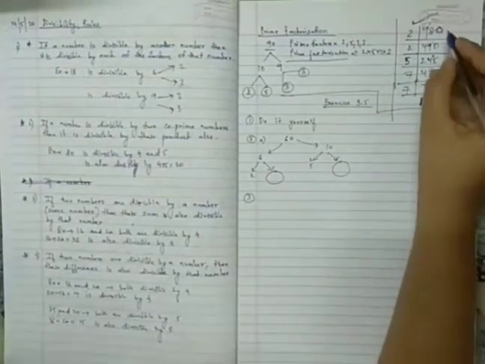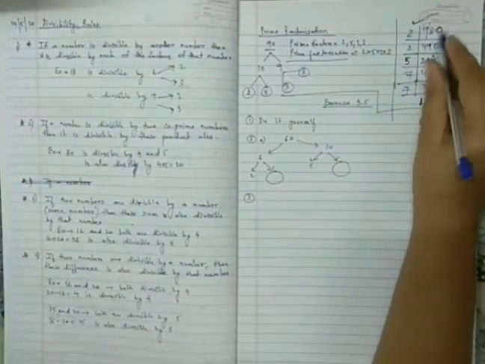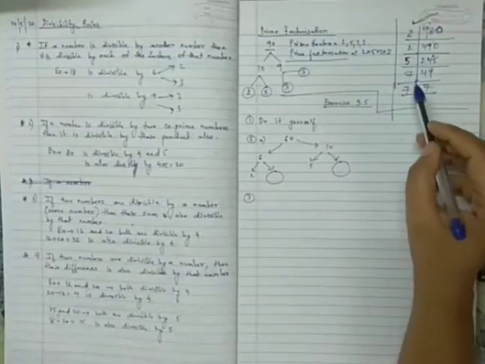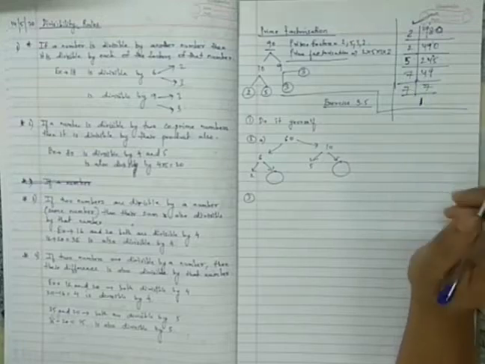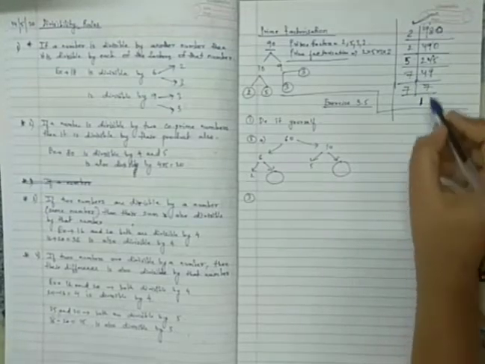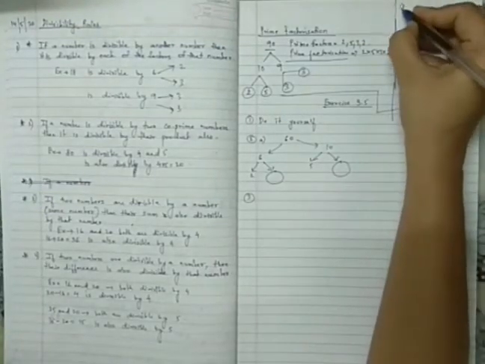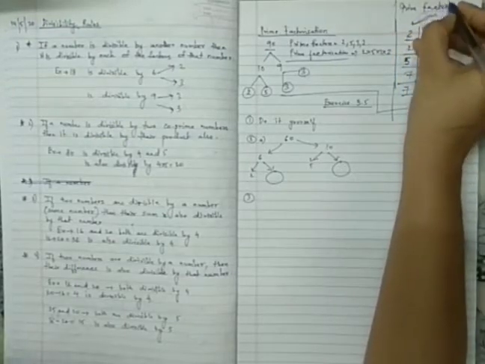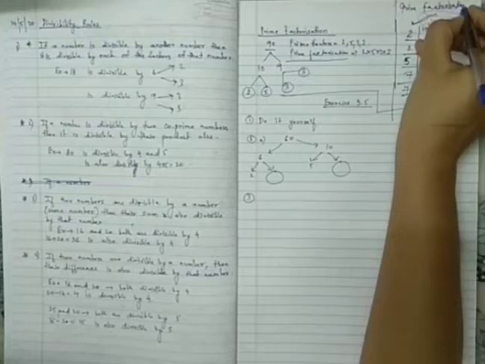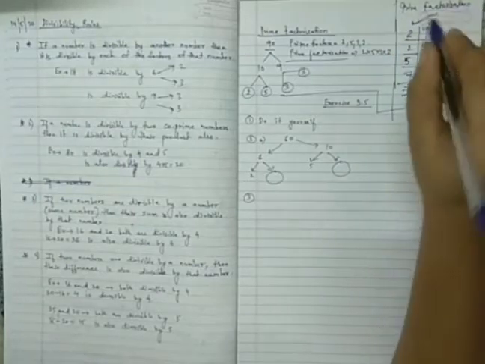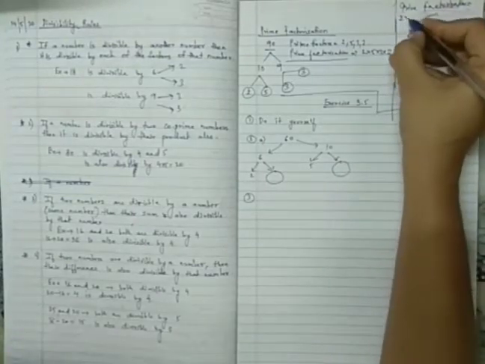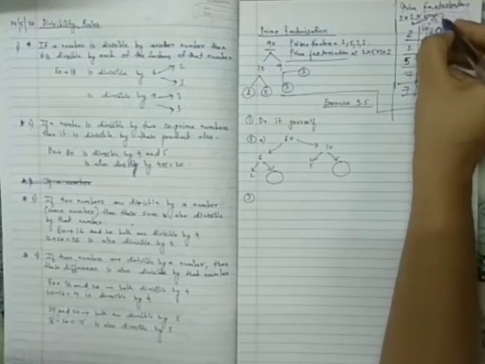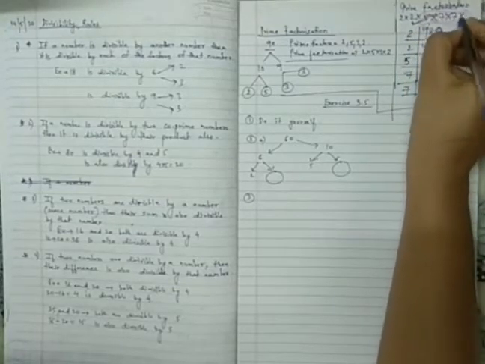Now what will be the prime factors? Prime factors will be 2, 2, 5, 7, 7. How will you write the prime factorization? Prime factorization will be equal to the product of these: 2 into 2 into 5 into 7 into 7 into 1.